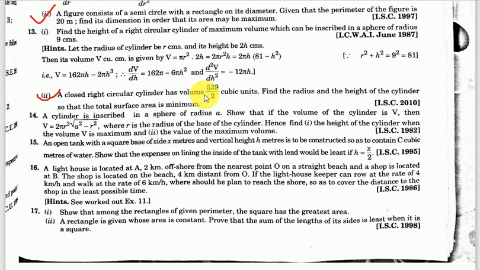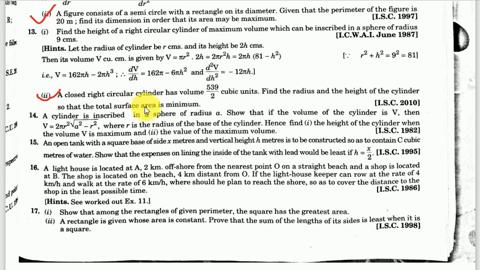They are asking what should be the radius and height of that cylinder so that its surface area is minimum. So here we are talking about the surface area to be minimum. In this question you have to frame an expression, or you can say an equation, for the surface area.